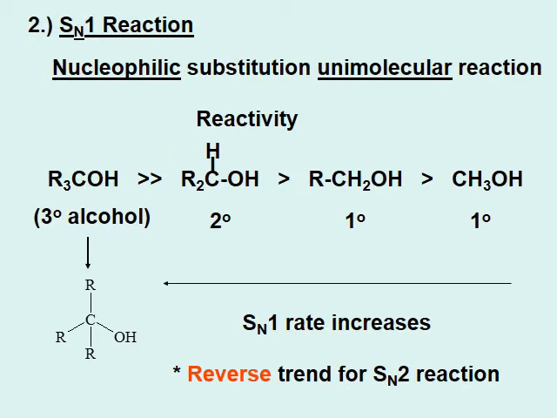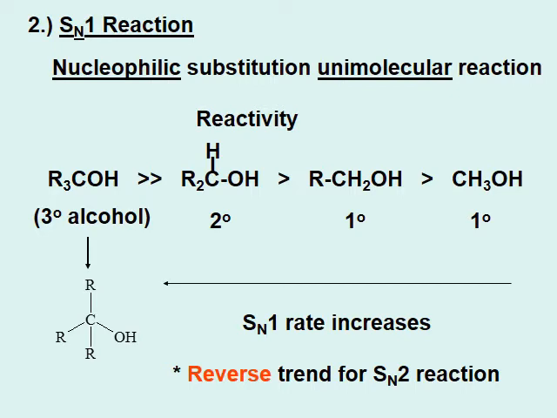In this slide, we're going to discuss the SN1 reaction, which is also called nucleophilic substitution unimolecular reaction. It happens in two stages. First, there is a formation of carbocation, then the incoming group gets attached. Now let me give you a simple example.